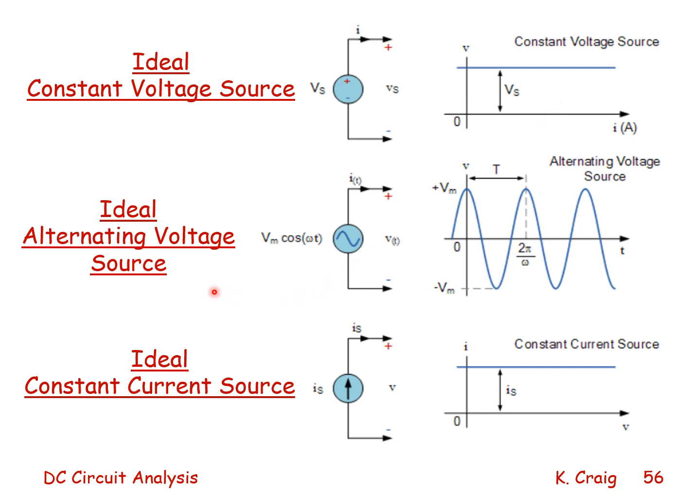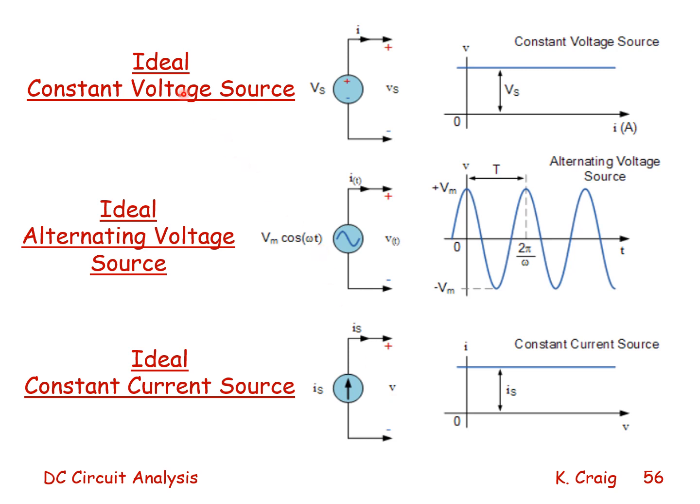Here we see an ideal alternating voltage source, and the alternating voltage source will supply whatever current the circuit connected to it requires. Here we see an ideal constant current source, and this constant current source will supply a constant current regardless of the voltage required by the circuit connected to it.